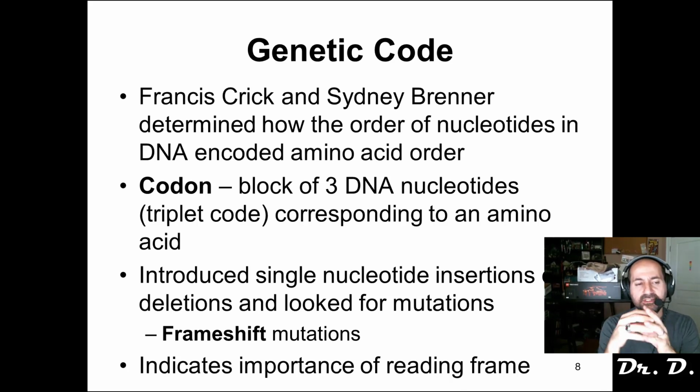So if the DNA codes for proteins, how does it code for proteins? There are 20 different amino acids, but only 4 different nucleotides or nitrogenous bases. Well, what Francis Crick and Sidney Brenner figured out was that the genetic code works in blocks of 3.